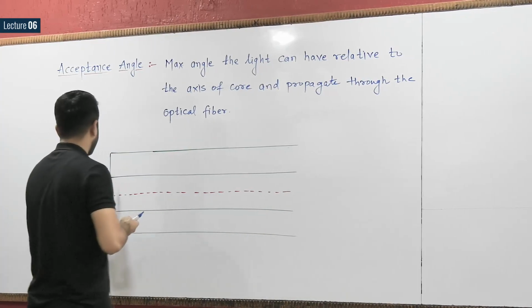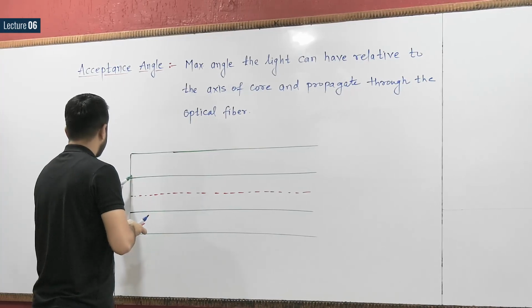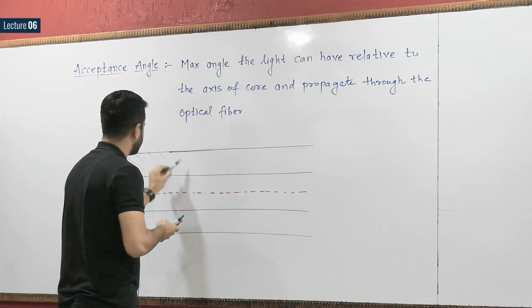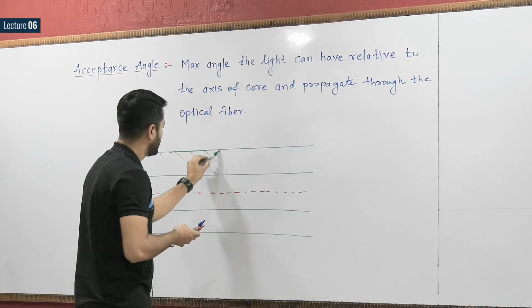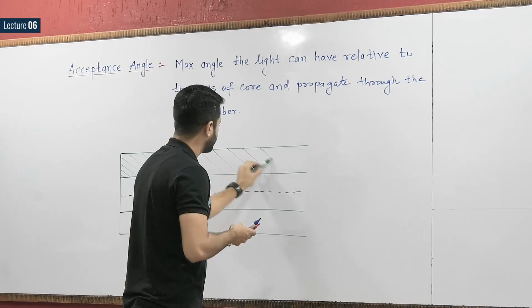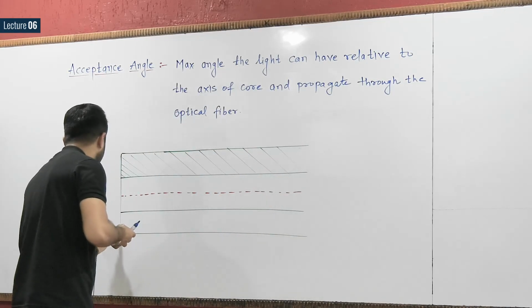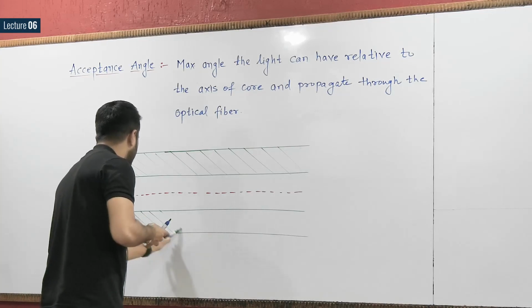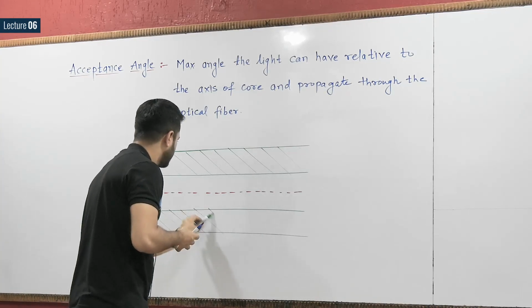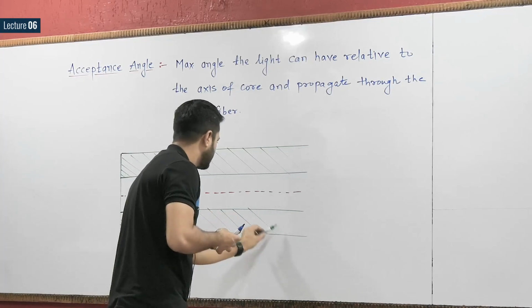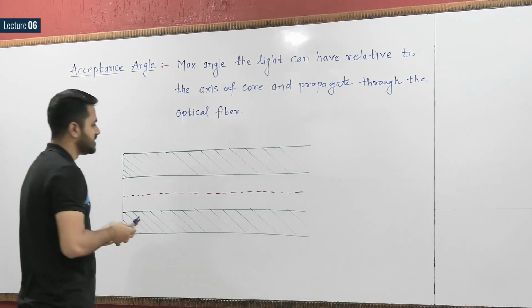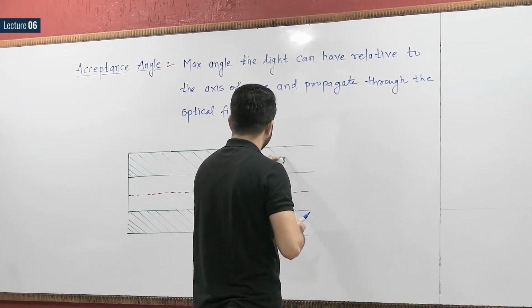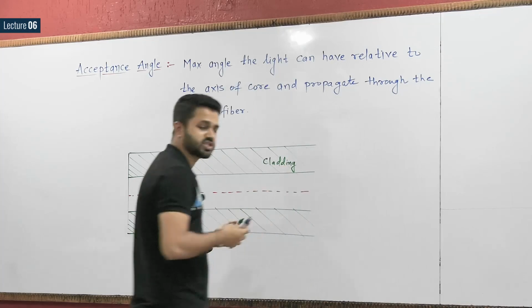This is the cladding part. This portion is cladding, because we have already discussed the structure of the optical fiber.